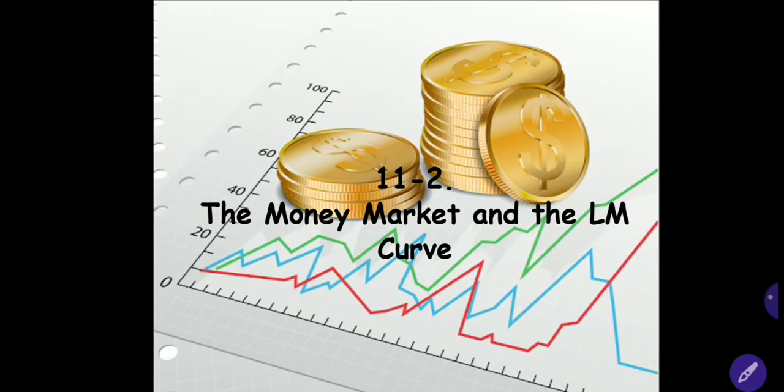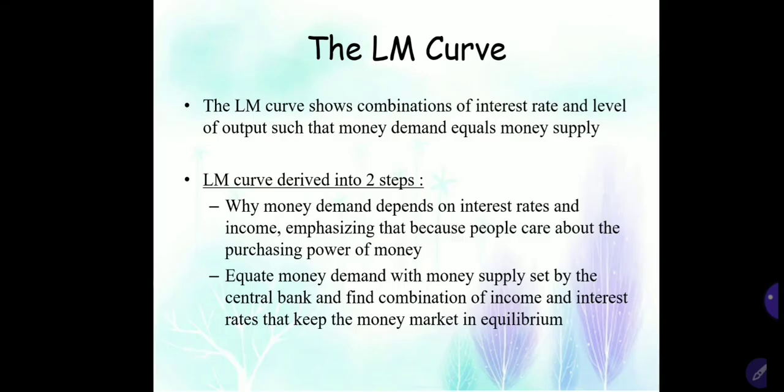And the next subchapter, we will talk about the money market and the LM curve. First, what is the LM curve? L stands for liquidity and M stands for money supply. This curve shows combinations of interest rate and the level of output such that money demand equals money supply.